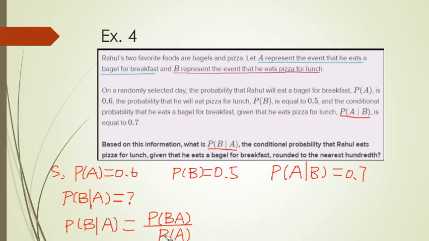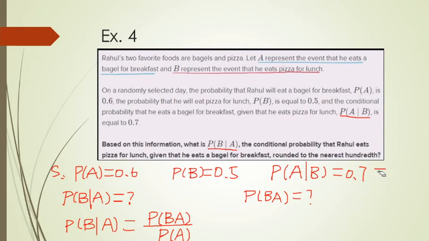We already know event A's probability is 0.6. We need to figure out what the probability of B and A is. Then how can we understand this conditional probability?